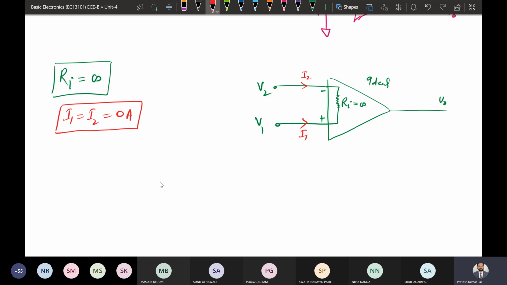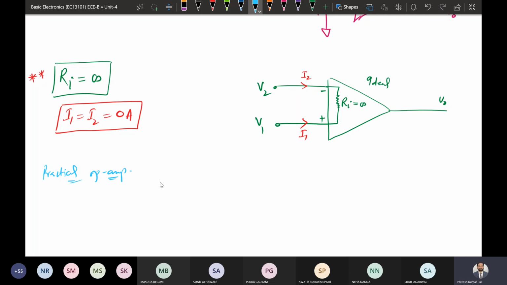So we need to consider that while solving numerical questions based on the operational amplifier that is an ideal one. Okay, so this was the case of the ideal one. Now consider the case of a practical op-amp.